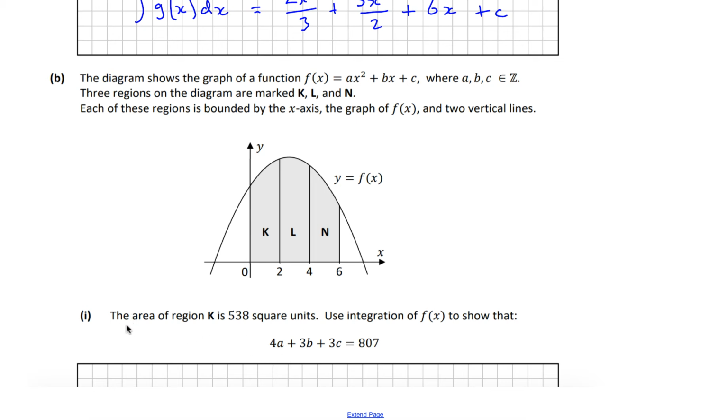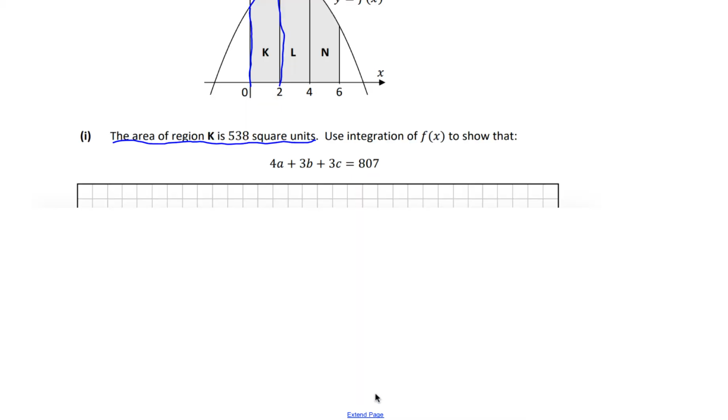Well, the key bit of info here is that the area of region K is 538 square units. Now region K, remember, when you integrate, what you're doing is you're finding the area under the curve. So here's the curve. Region K is the area under this curve between the x values of 0 and 2. So that's how we find the area K. We can set that up.